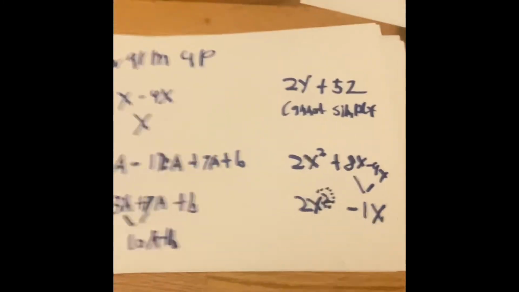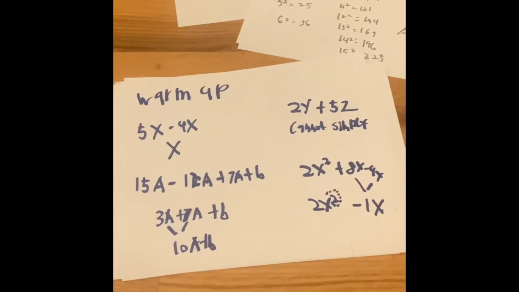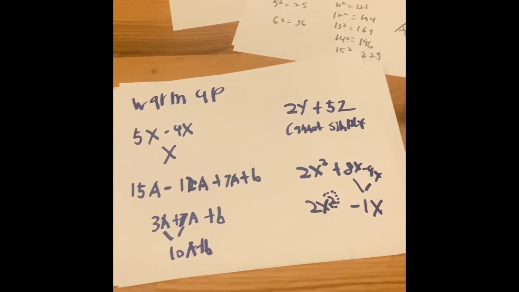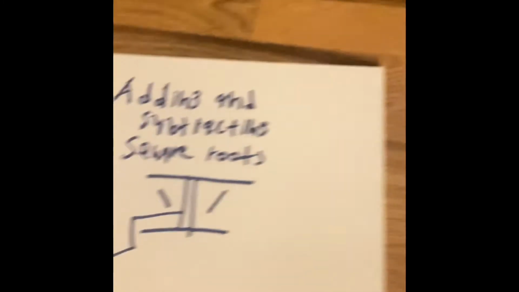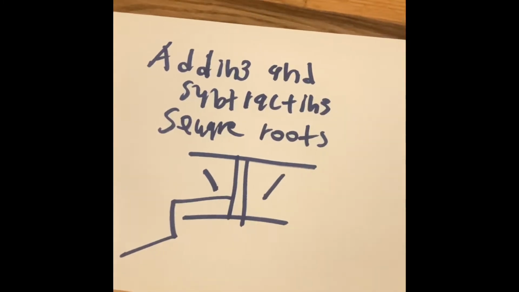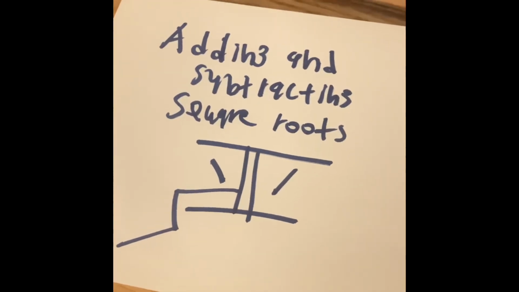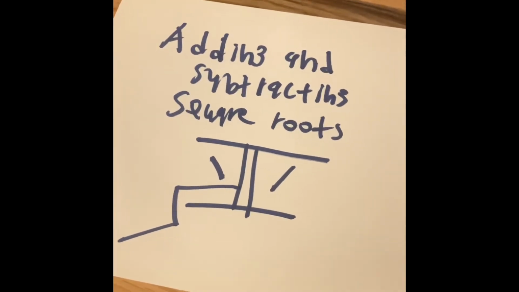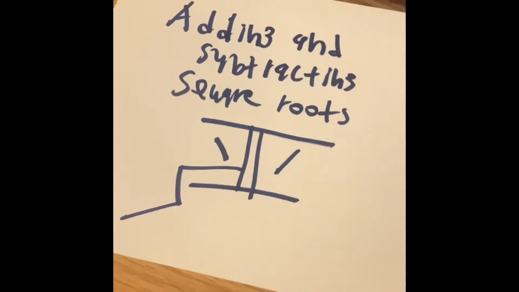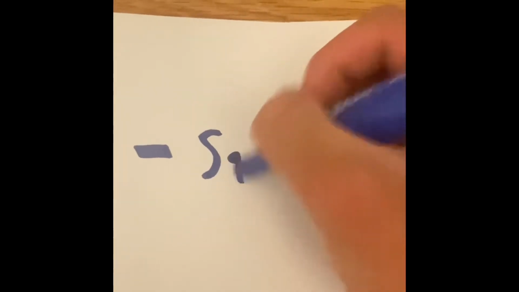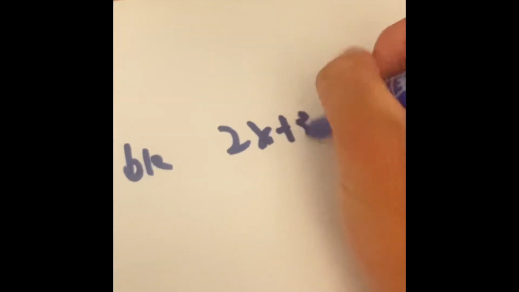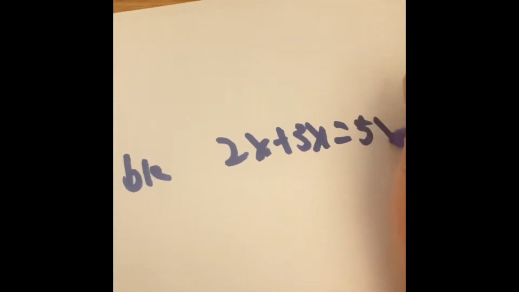So, what we're going to do today is use combining like terms when we add and subtract square roots. Because when we combine like terms in expressions and equations, you will always have the same variable, like 2x plus 3x equals 5x.